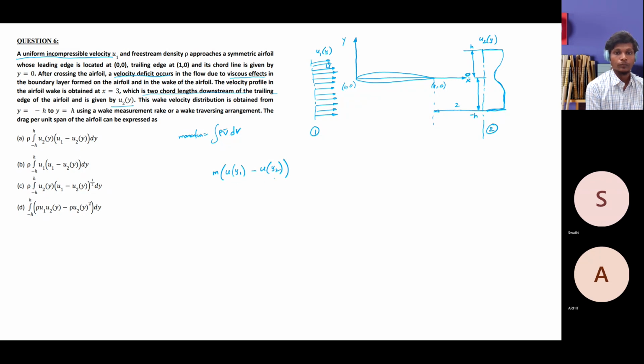So this is the momentum deficit, that is mass times change in velocity. I'm not completing the integration, I'm just writing the velocity functions point to point, so at y1 and y2. In the equations they write it not as y1 and y2 but as u1 and u2. So in the same way, I write mass times u1 at y and u2 at y.